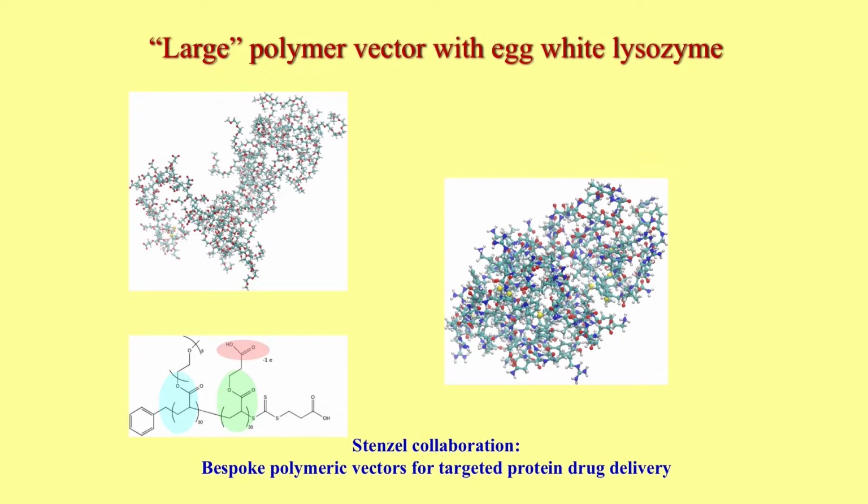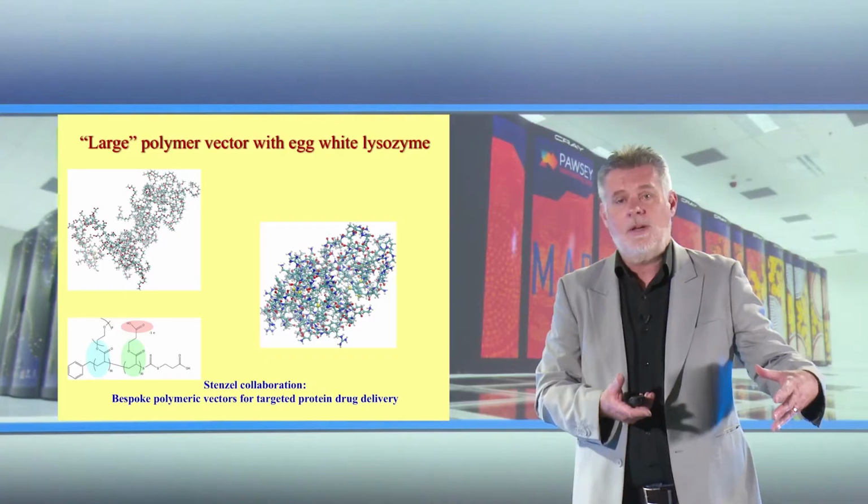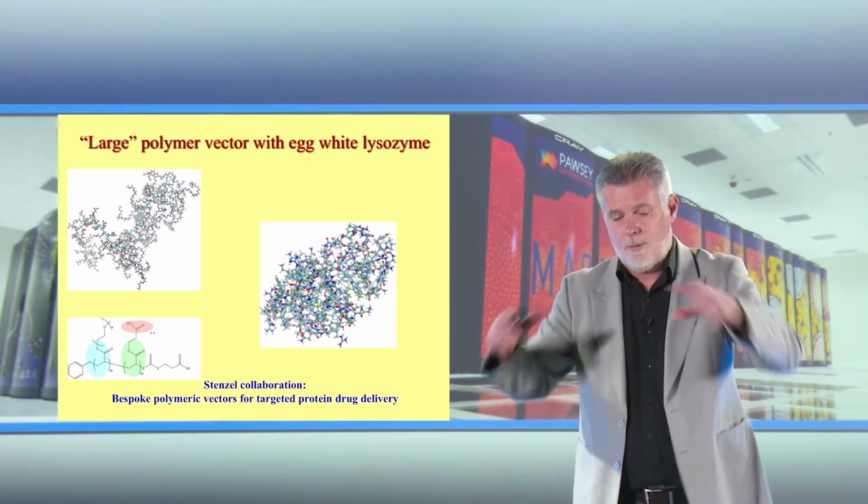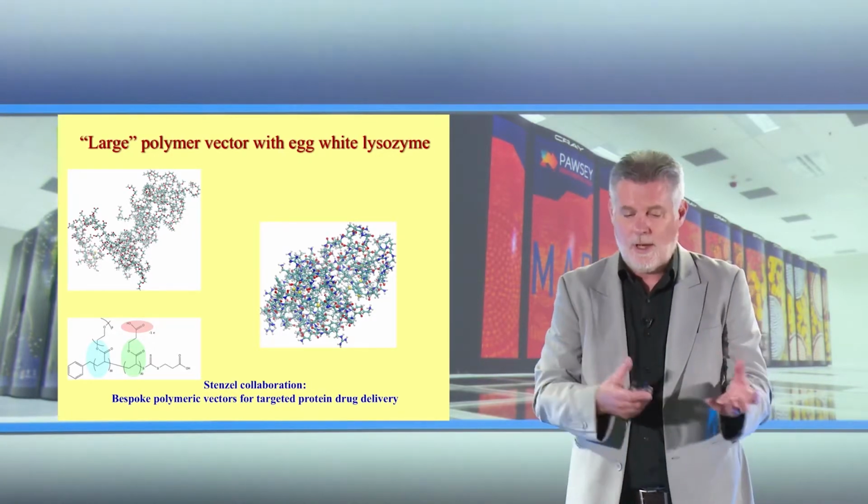The lysozyme is positively charged under ambient conditions in solution. So she designs the polymer, a block copolymer, so that one part of it is negatively charged at pH 7, and the other part of it is hydrophilic, so you can get nice complexes in water between the carrier and the drug.